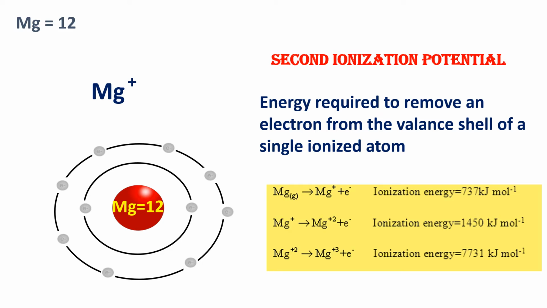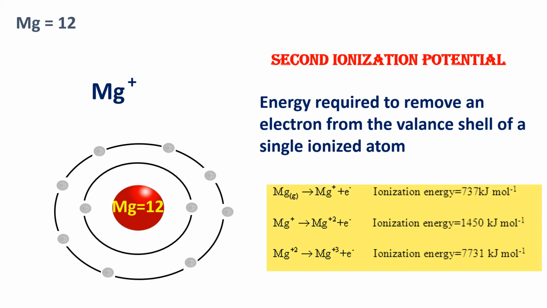For example, from this magnesium, if you remove one electron, the ionization energy is 737 kilojoule per mole. But when it becomes Mg plus, now when the second valence electron is removed, the ionization energy is 1450 kilojoule per mole.